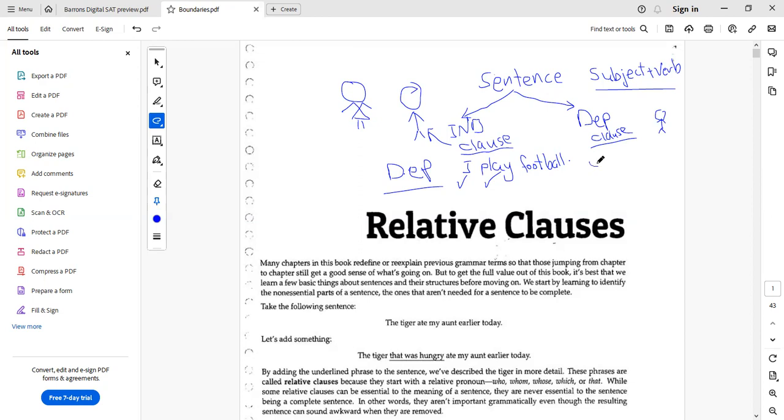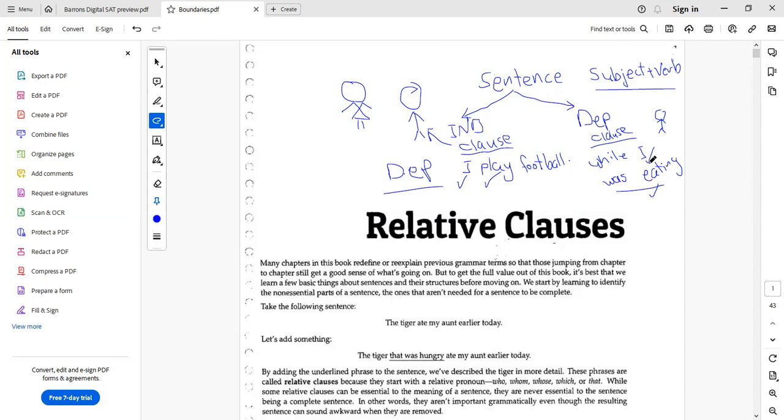Give me an example. While I was eating. I is the subject, was eating is the verb. But the problem is that while makes this sentence incomplete. While I was eating. What happened, teacher? Complete your sentence. I don't understand anything.